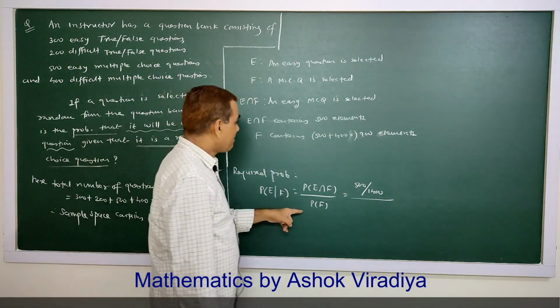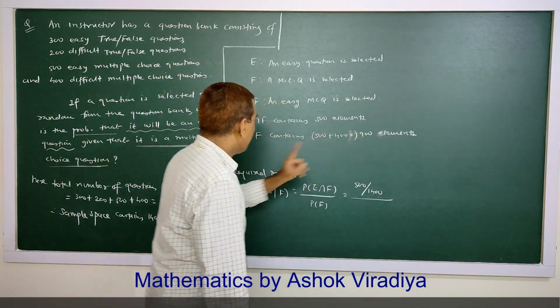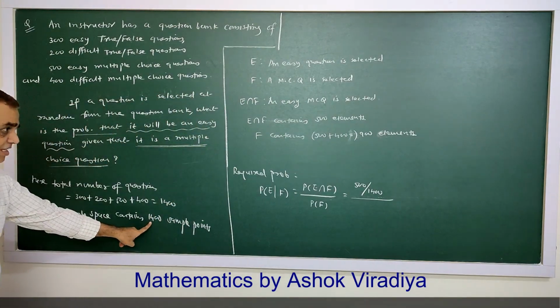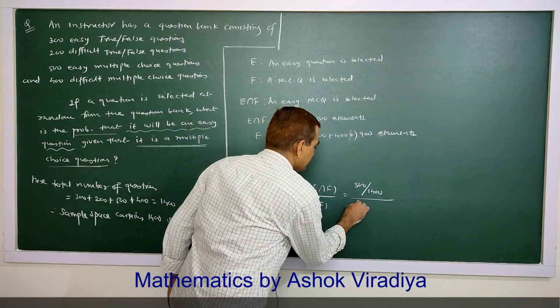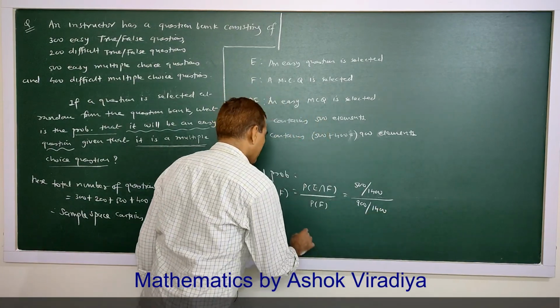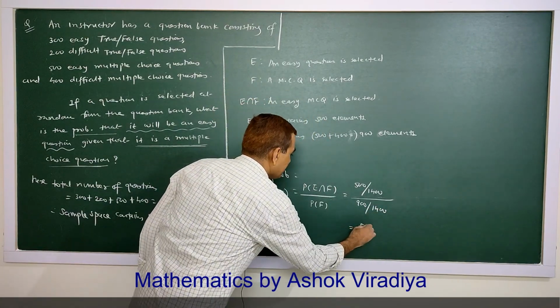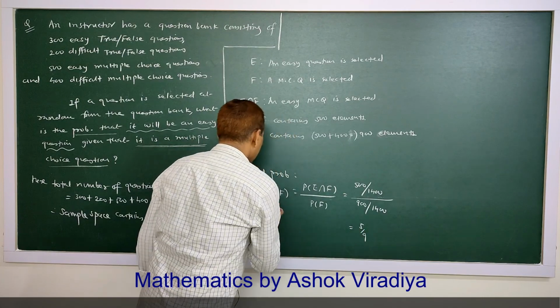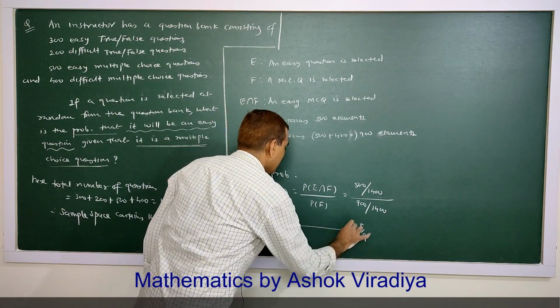So probability of F is 900 divided by 1400. So required probability is 5 by 9. So this is required probability.